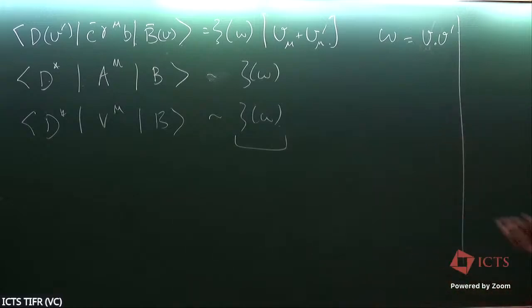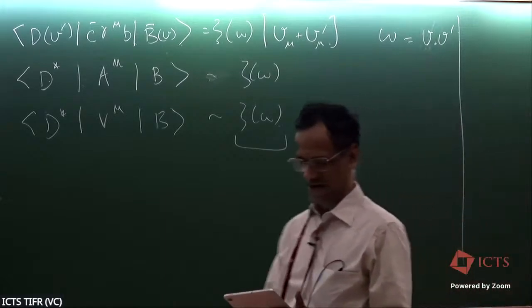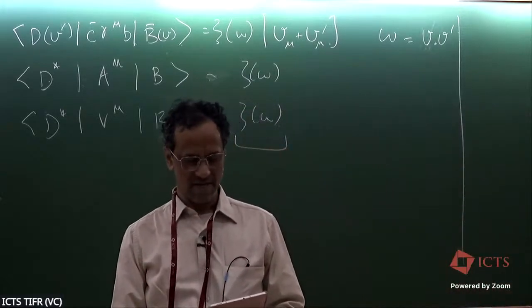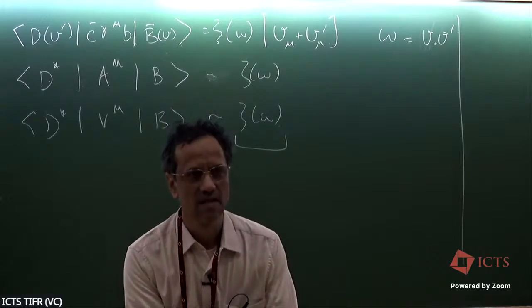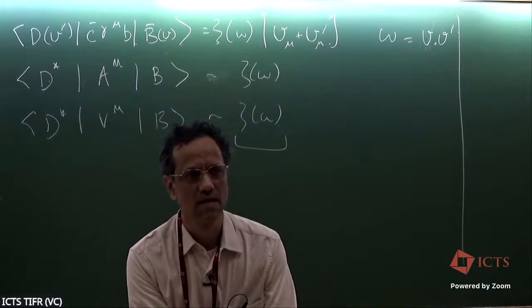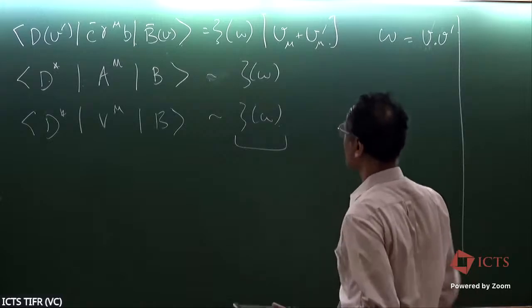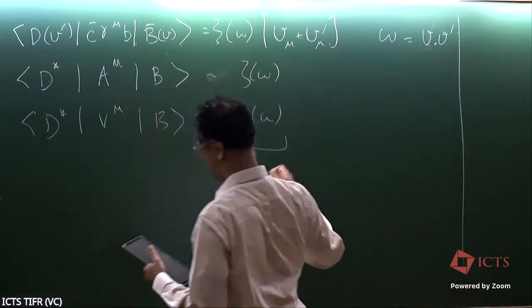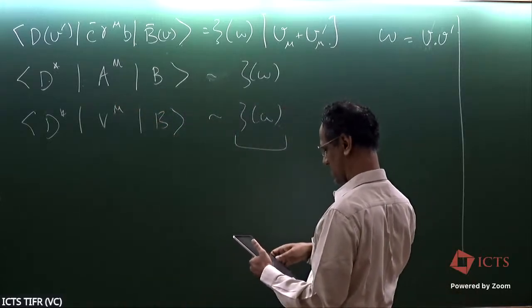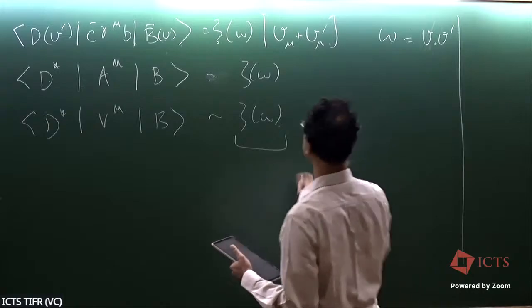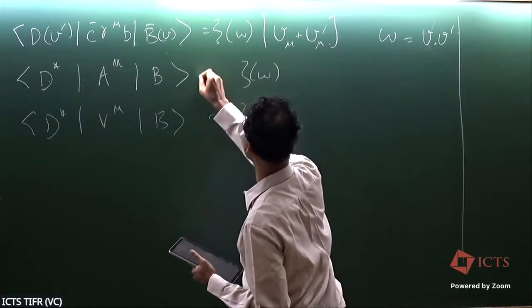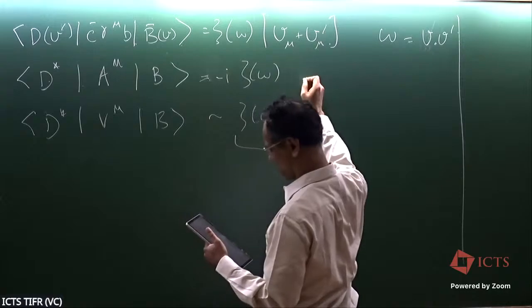And you can write your decay rates in terms of, okay. So I've not written this one; if you want, I'll write this explicitly. This actually is minus i omega.